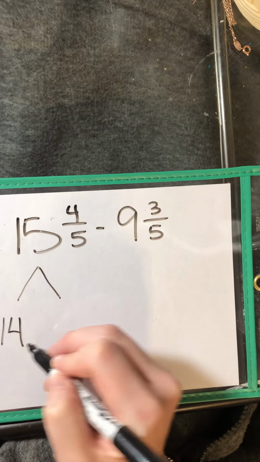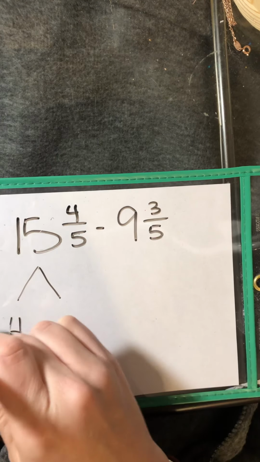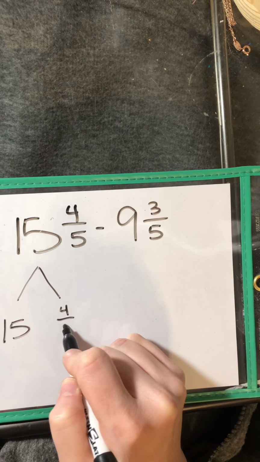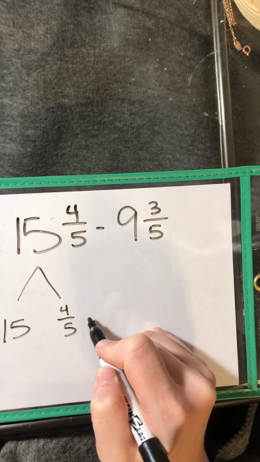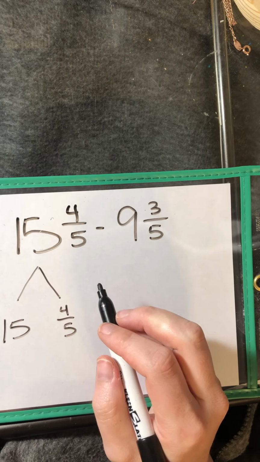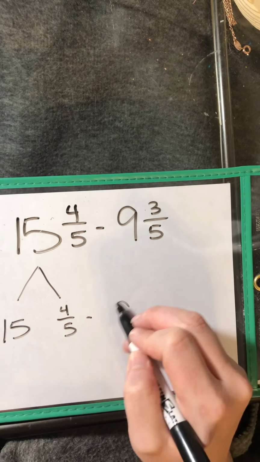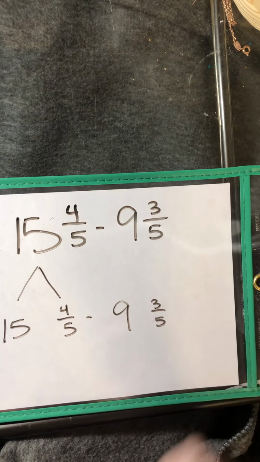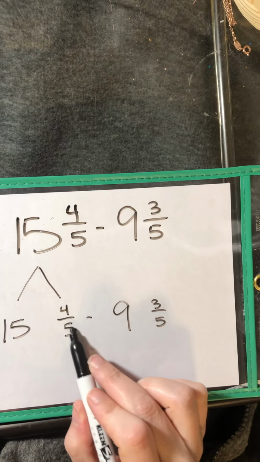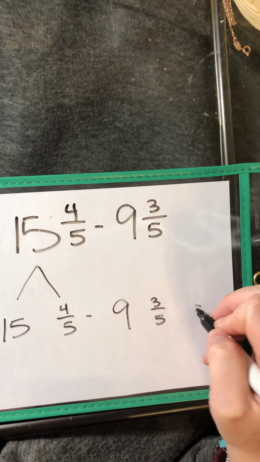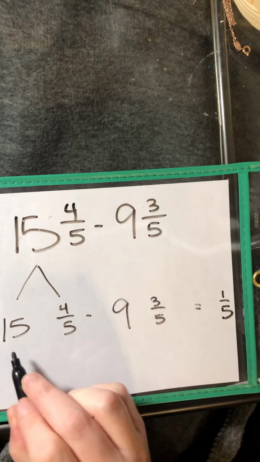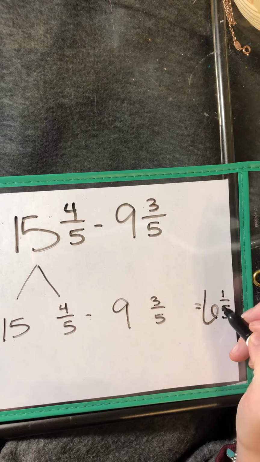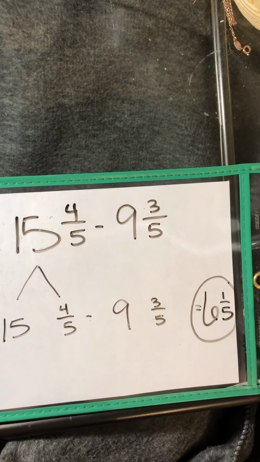So now I have 15 4/5, and take away 9 3/5. Okay. So when I take away 4/5, take away 3/5, I know I have 1/5. 15 take away 9, I know is 6. Okay. So my answer right now is 6 1/5.